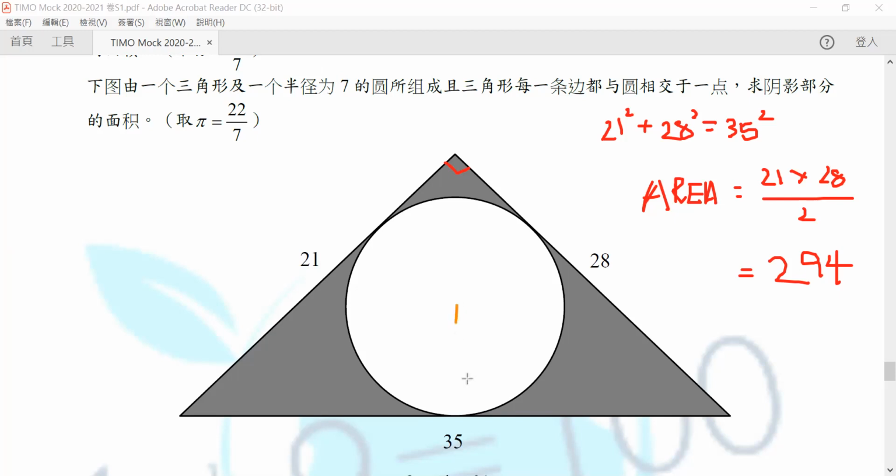From the center of the circle, we drop 3 lines. These 3 lines must all be perpendicular to the three sides, because this is a radius that touches the three sides. All right. By this, we can divide the whole triangle into 3 different smaller triangles, like this.